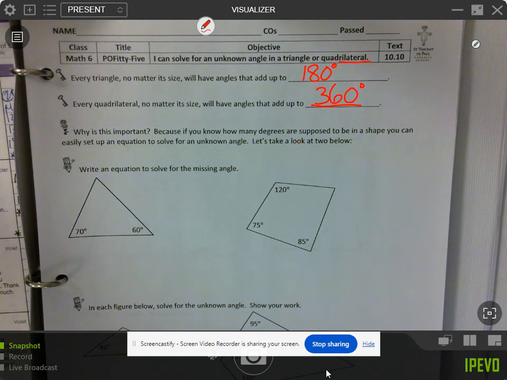Why is this important? Because if you know how many degrees are supposed to be in a shape, you can easily set up an equation to solve for an unknown angle. Let's take a look at these two. So I'm going to erase and scroll up.